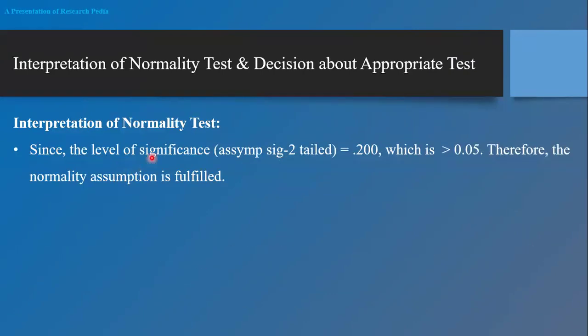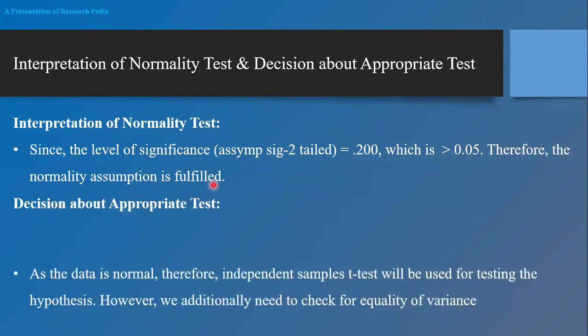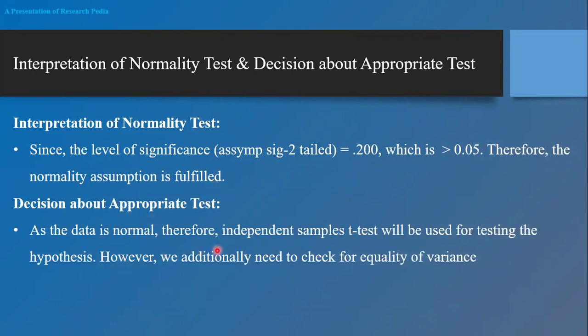So, interpretation of the normality test: since the level of significance is 0.200, which is greater than 0.05, therefore the normality assumption is fulfilled. So the decision is: as the data is normal, the independent sample t-test will be used for testing the hypothesis. However, we additionally need to check for equality of variance.